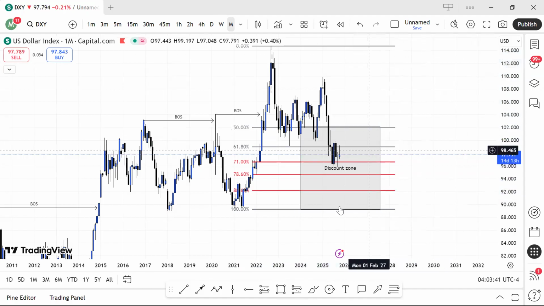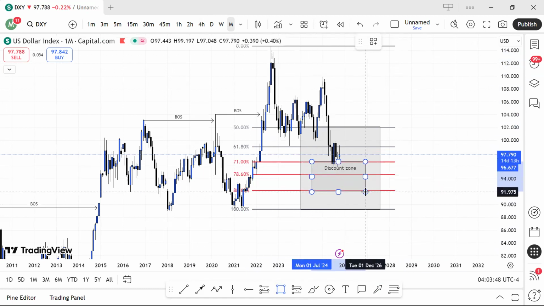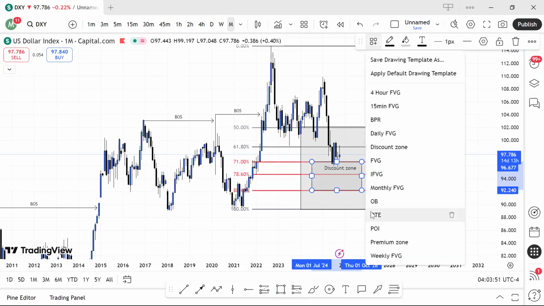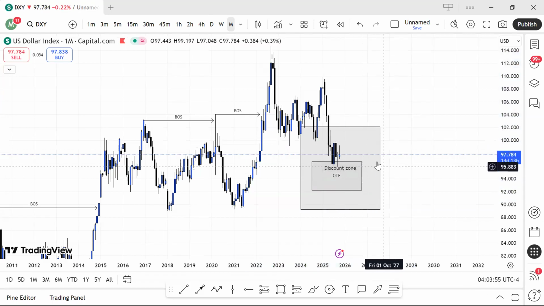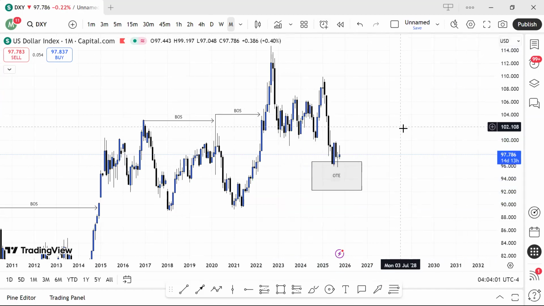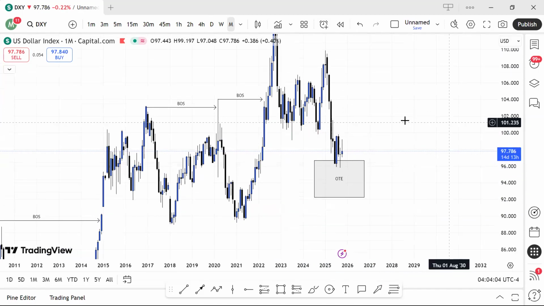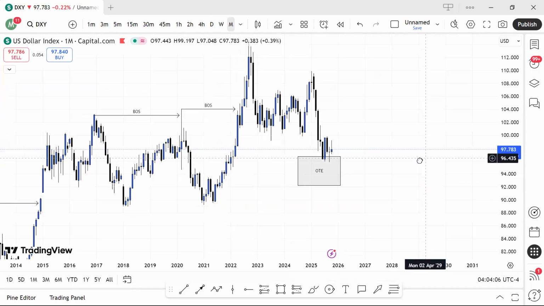Apart from that, the red lines on my fib level are considered as my OTE, optimal trade entry, these ones here. And the market has really respected this OTE buy zone. So we are typically respecting this OTE, optimal trade zone.